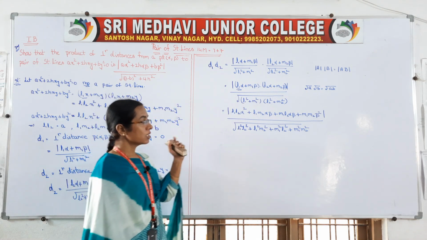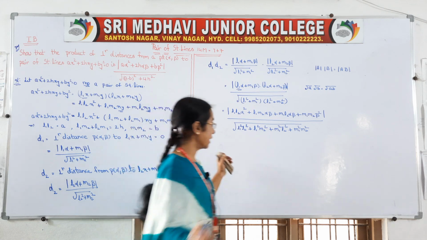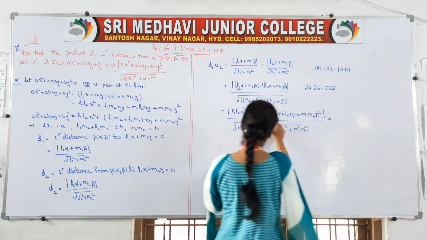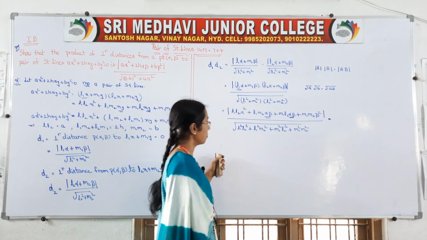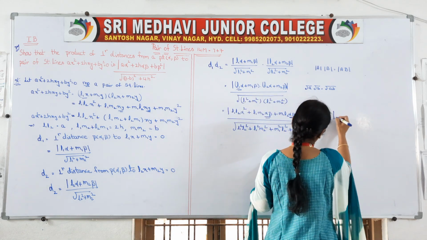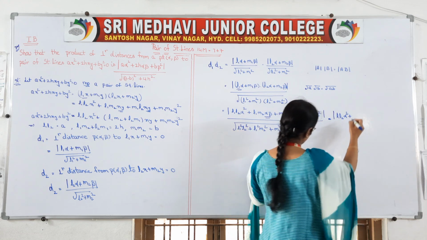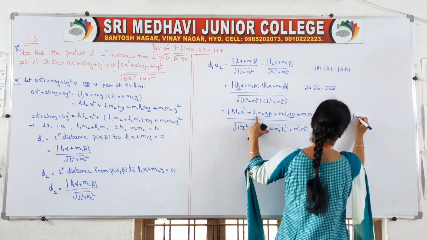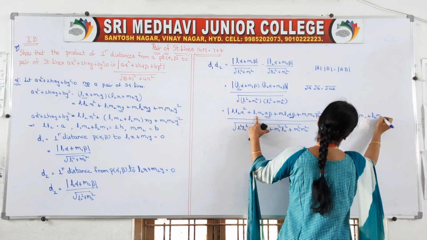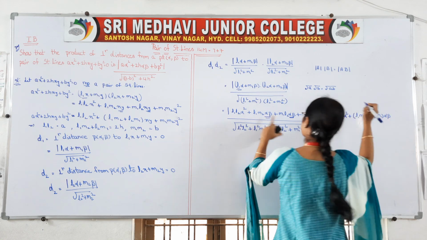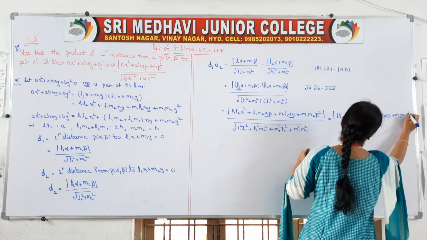Whenever the square power is the same for the product, we can take that combinedly. Observe that alpha beta is there in two terms, so we can write that combinedly. So it is L1 L2 alpha square plus, taking alpha beta common, (L1 M2 + L2 M1) alpha beta, plus M1 M2 beta square.